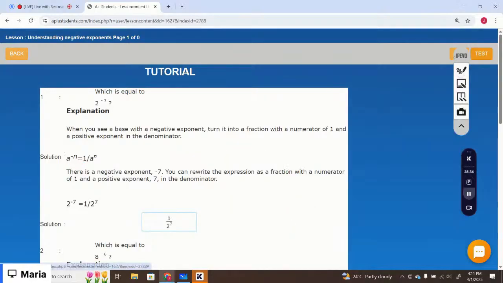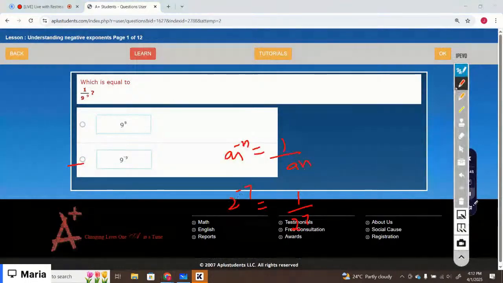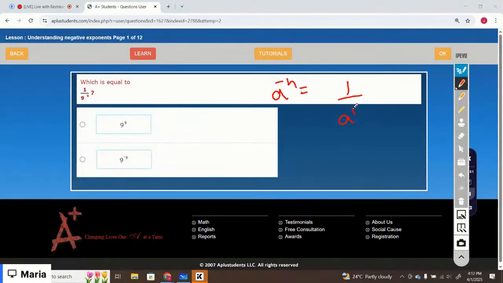Let's start with the test questions. Which is equal to 1 divided by 9 exponent 9? If you write any negative exponent in the denominator of 1 by making it positive, the opposite is also possible, right?